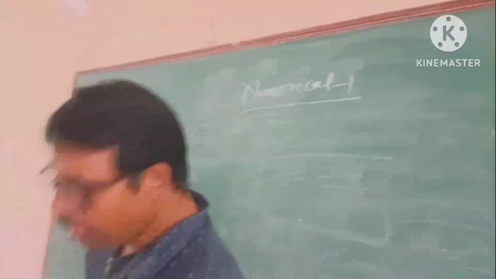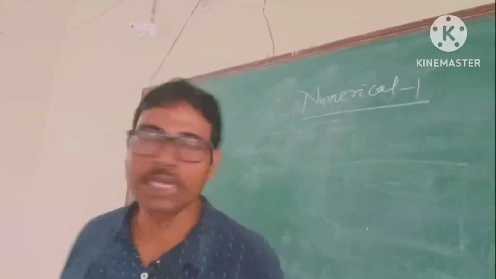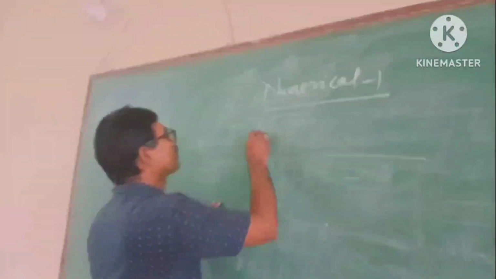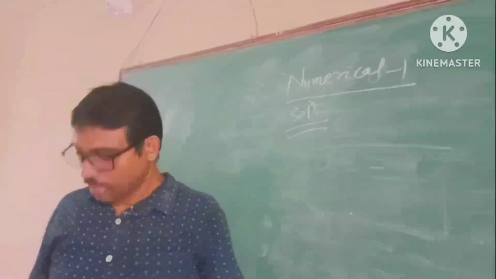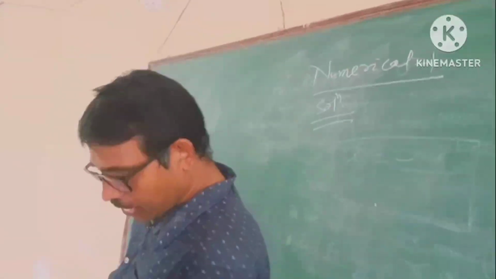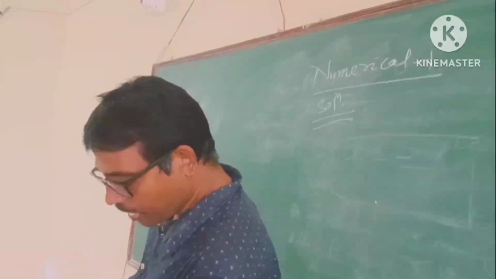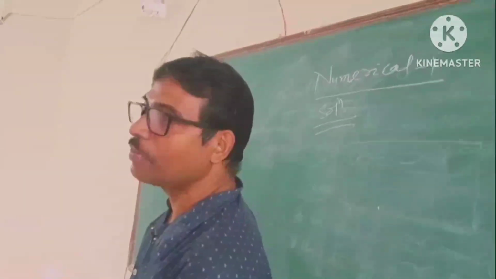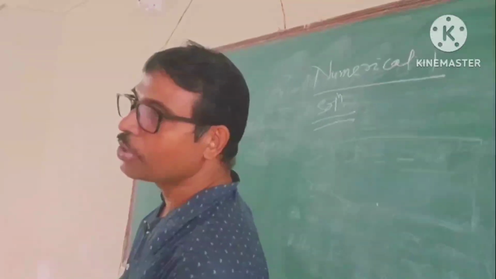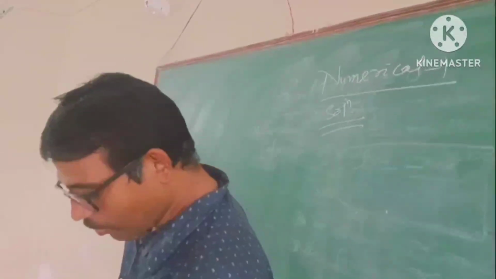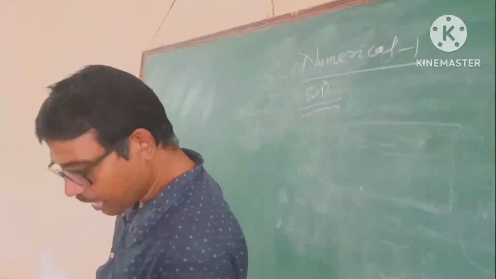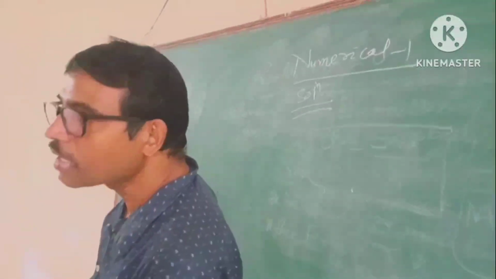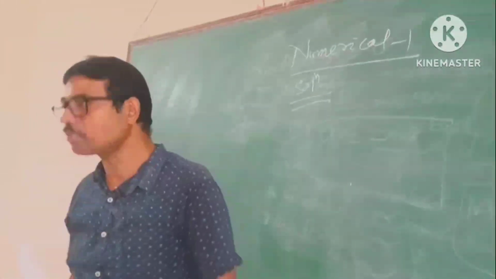A bullet of mass 100 gram is fired from a rifle of mass 20 kg. The rifle is the gun you use, of 20 kg. And the mass of the bullet is 100 gram with a speed of 50 meter per second. Whose speed? The bullet's. Calculate the recoil velocity of the rifle.